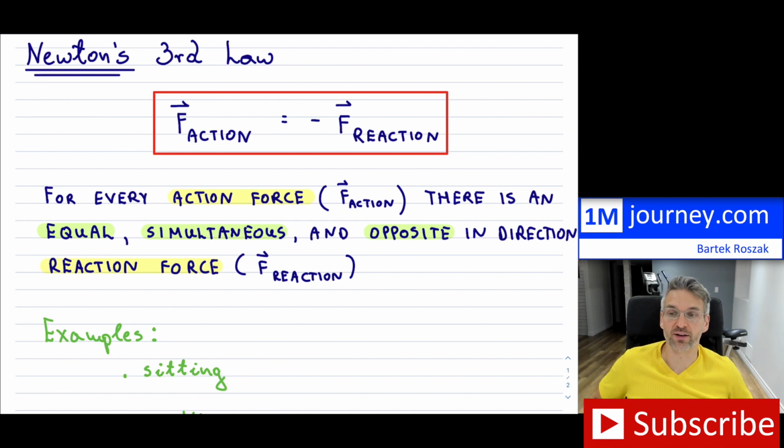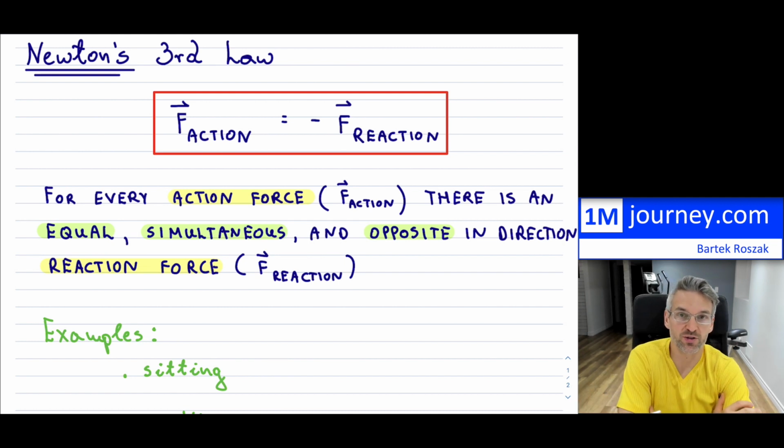For every action force that you exert, or something exerts, there is an equal and simultaneous force opposite in direction, and that is called the reaction force. It is very nicely captured by a simple equation.